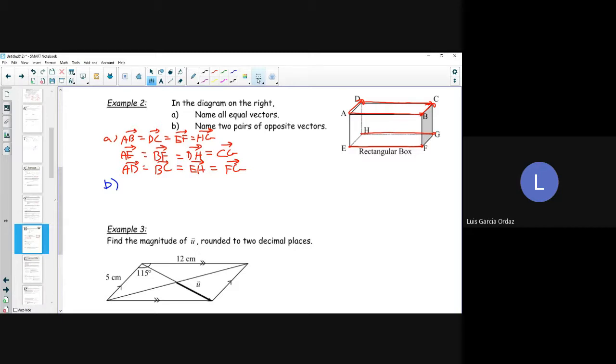Yep, so vector AD, if it wants to be opposite, negative, AD is equal to negative CB. Because if I go from vector AD, I'm going this way. In order for BC to be opposite, I need to go the other way. So it'd be negative BC, sorry, negative BC.